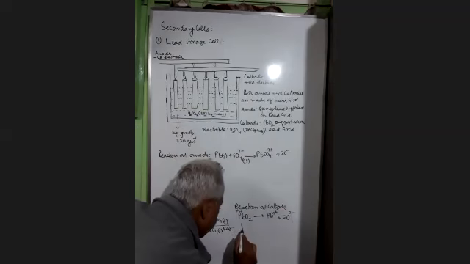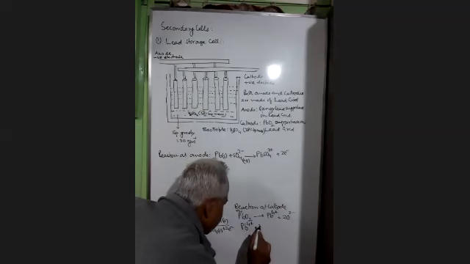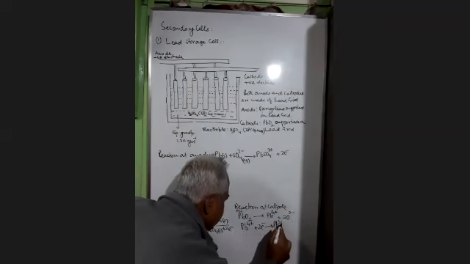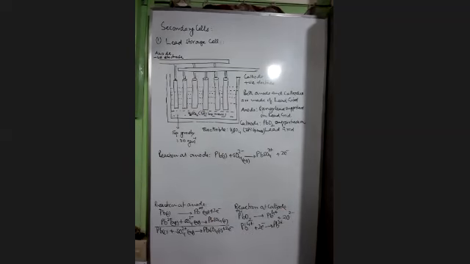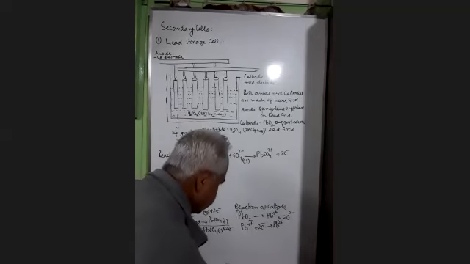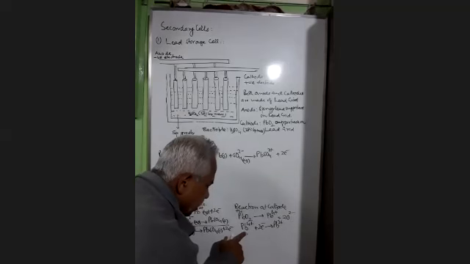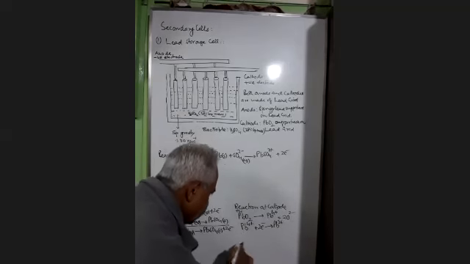See, Pb4 plus will take 2 electrons to become Pb2 plus. Now see, it is acting as a cathode, it is taking electrons.